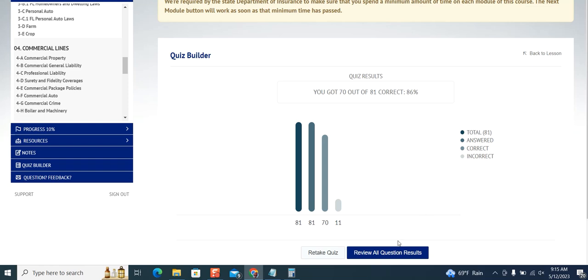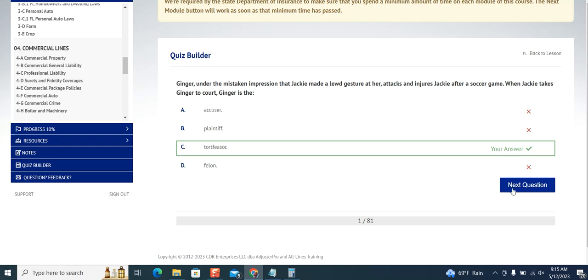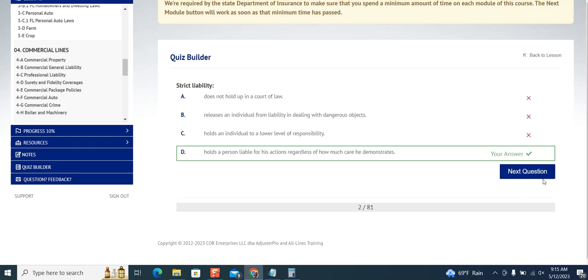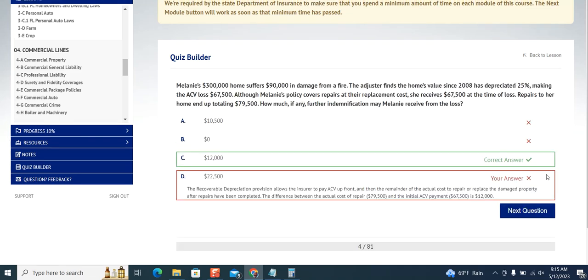Let's see if we can get some of these answers. Let's see which ones Andrew missed. Okay, here we go right here. I know I didn't know this one. Okay, what was the calculation? The difference between the actual cost of repairs, 79,500, and the initials.